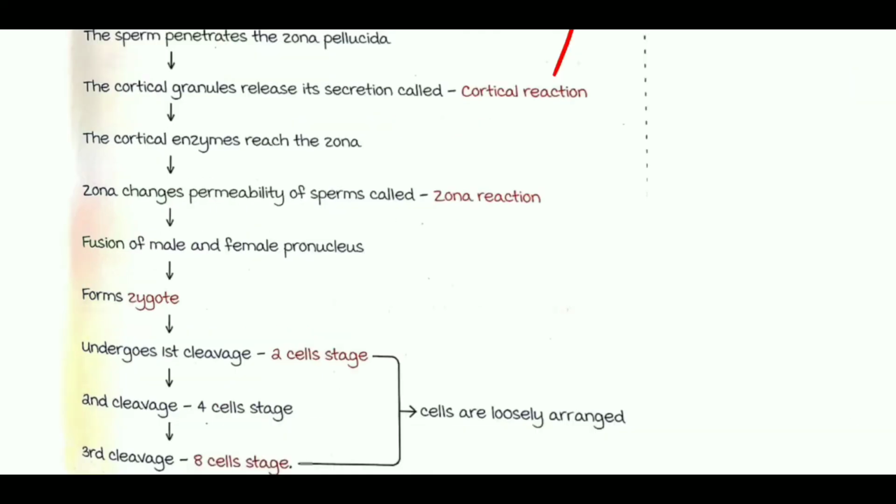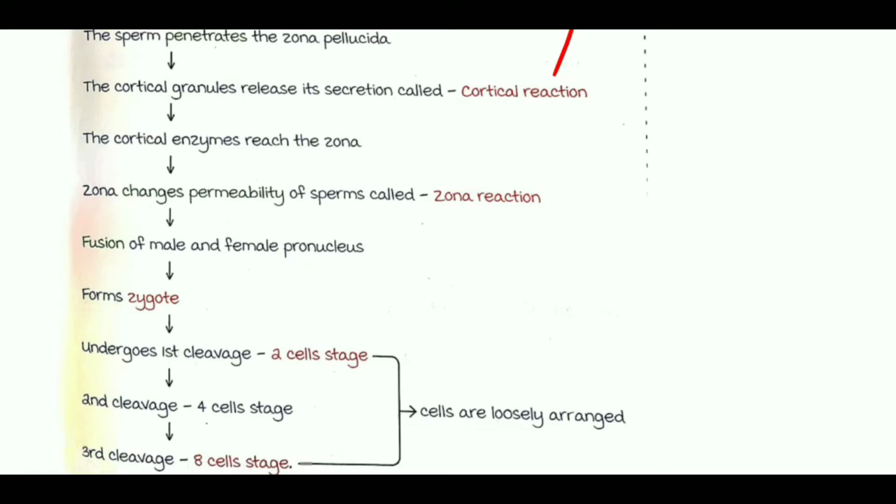The cells are held together by tight junctions, and this process is called compaction. So after the 8-cell stage, cells become tightly arranged because of tight junctions.